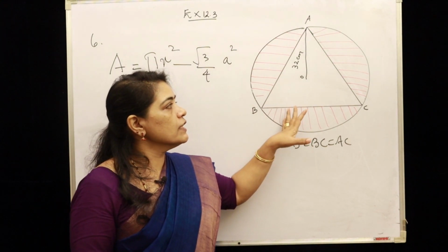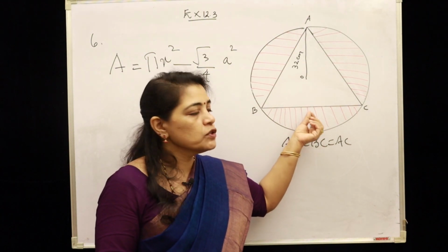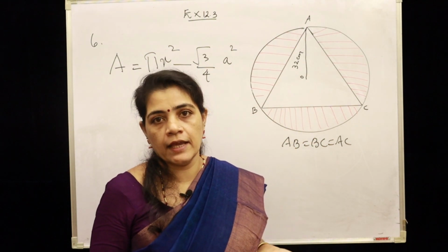For an equilateral triangle, the altitude and the median are the same.